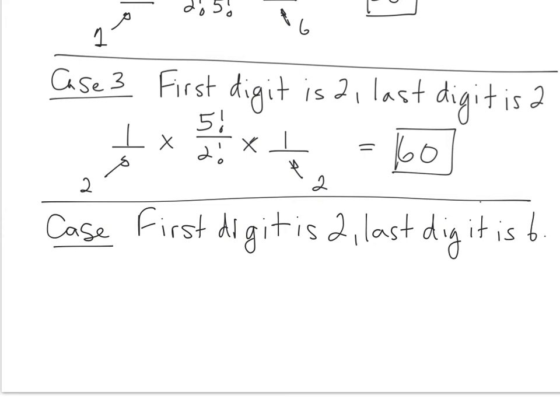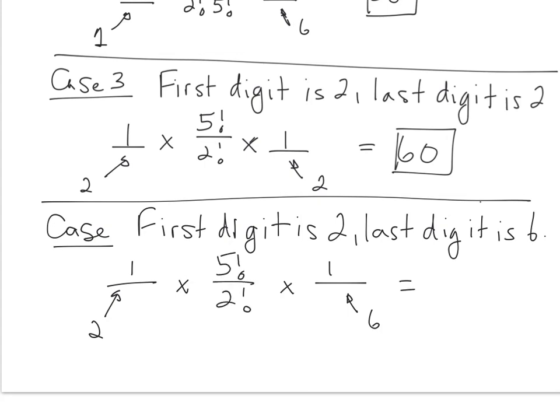Okay, so again for the first digit, there's one way, and that's the number 2 there, times and times, and one way to get that number 6 in here. Okay, so what's left in the middle now? We used the 2 and the 6 in this case, so we have a 1, a 2, a 3, and 2 5s. So again, 5 factorial divided by 2 factorial.